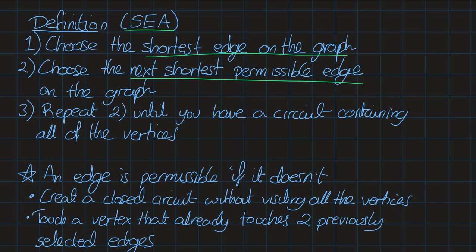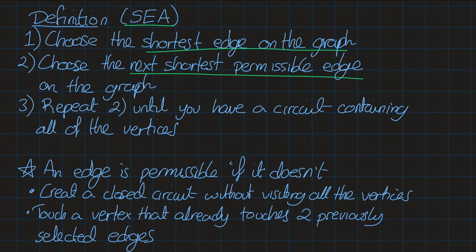So what do I mean by permissible? Well, I say that an edge is permissible if it does not create a closed circuit without visiting every other vertex. So if you start adding edges, you're not allowed to add this edge here because then this vertex down here is left out. So you're not allowed to do that. Okay?